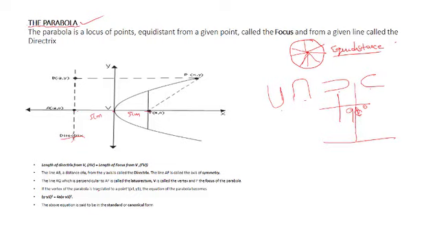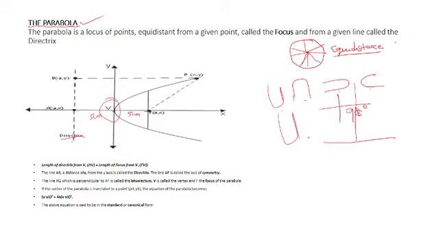Now they say the line RQ is called the latus rectum. Being perpendicular to the axis, it is called the latus rectum. V is called the vertex and F is called the focus. This point is the vertex of the parabola, and it serves as the base of the shape.